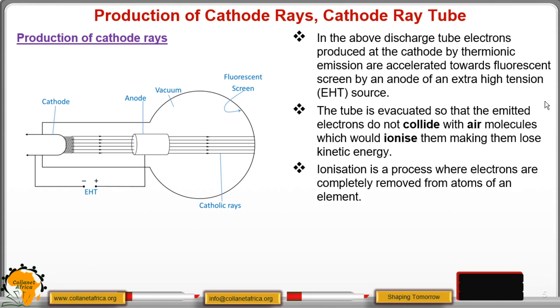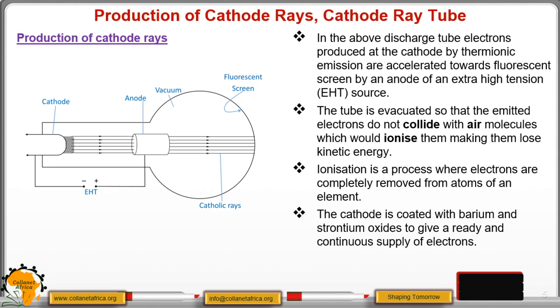This is a process where electrons are completely removed from atoms of an element. So if the cathode rays collide with the air molecules, then they are going to ionize those air molecules, and by so doing, they lose their kinetic energy. To prevent that, the vacuum is created, or the tube is evacuated.